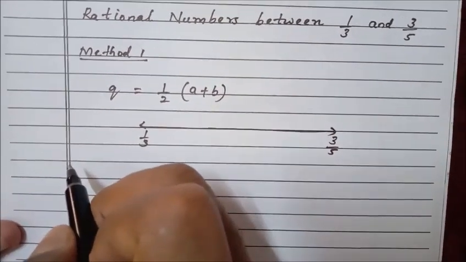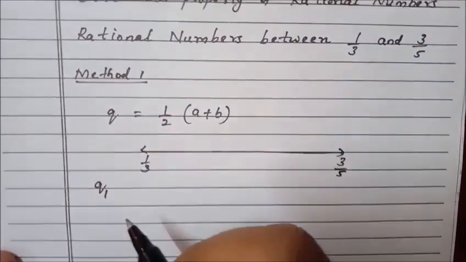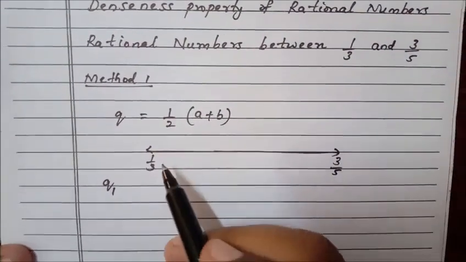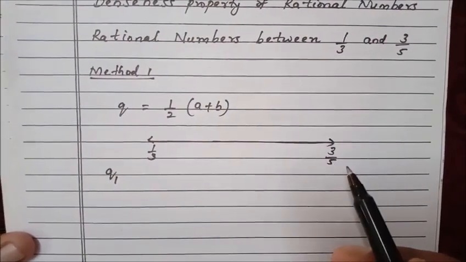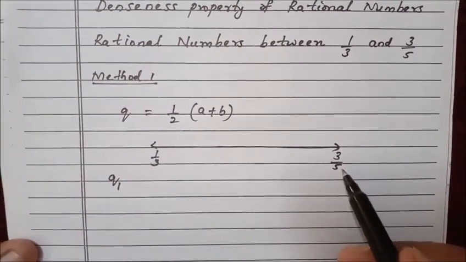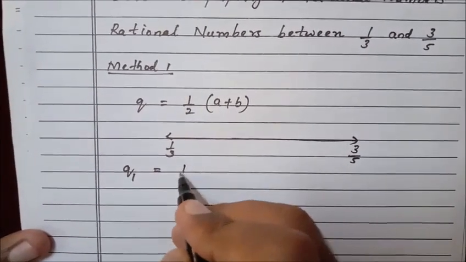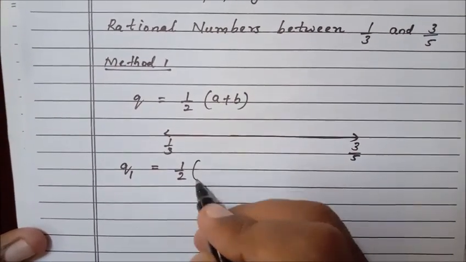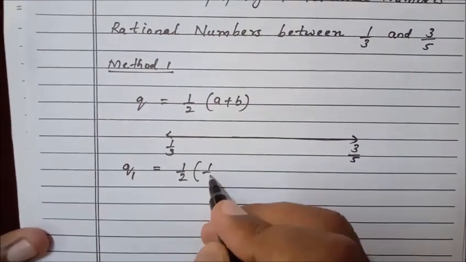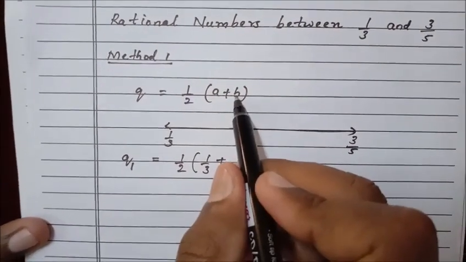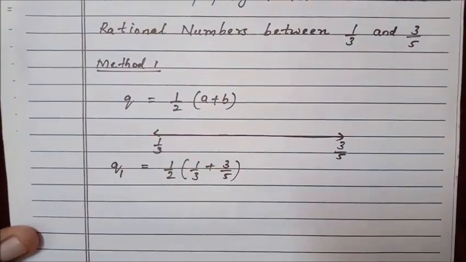Now by the formula we have the first rational number Q1. We know that there are infinitely many rational numbers between these two given rational numbers 1 upon 3 and 3 upon 5. So the first one, let it be Q1, which is equal to 1 by 2 multiplied by A plus B. Instead of A we can write 1 upon 3 plus, instead of B we can write the second rational number 3 upon 5.